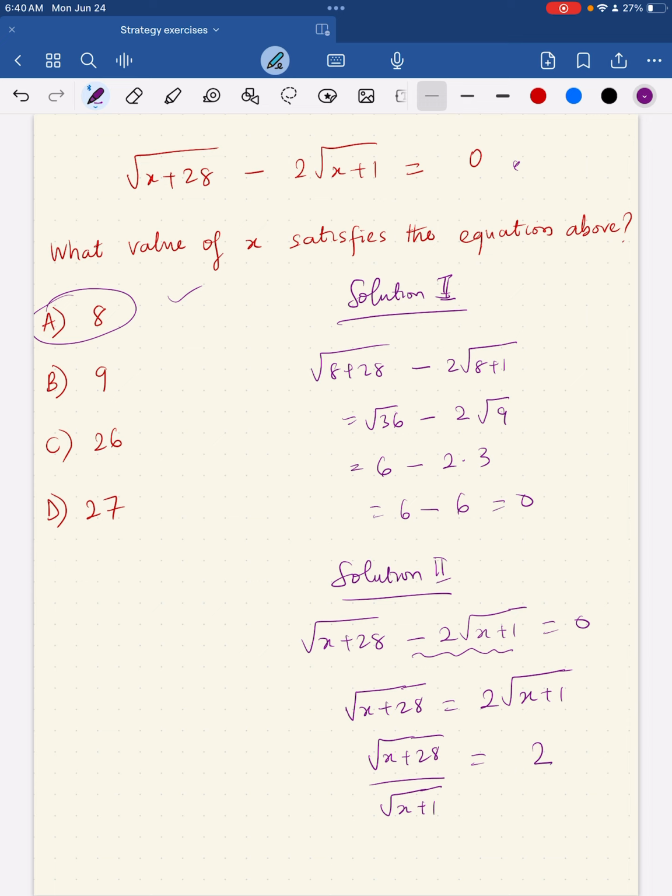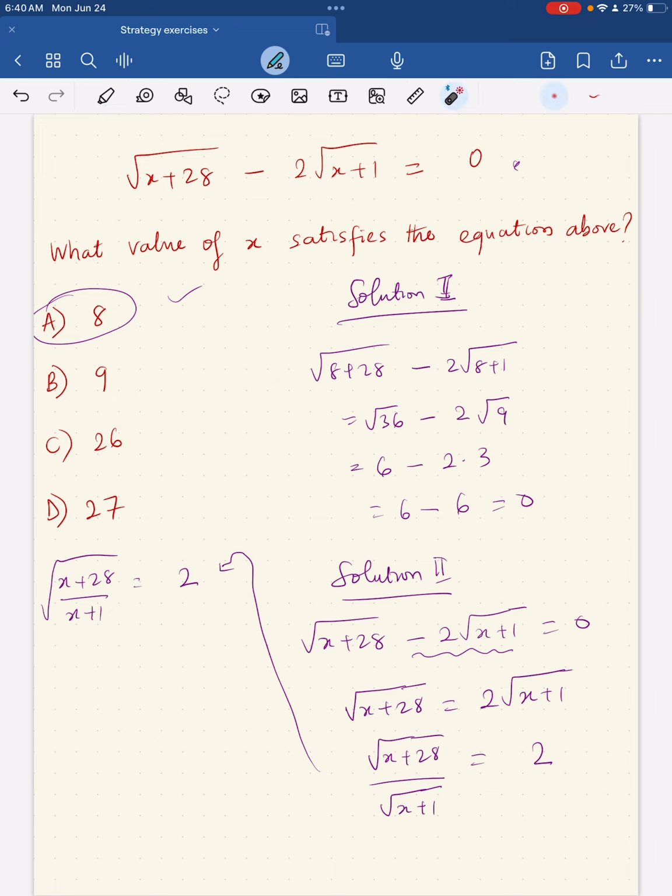Okay? Now, if we continue from here, this is also the same thing as saying this divided by this equals to 2. Now, if you want to remove this square root, you take the square of both sides. So if we take the square of both sides, the square root goes away, and this becomes 2 squared, which is 4.